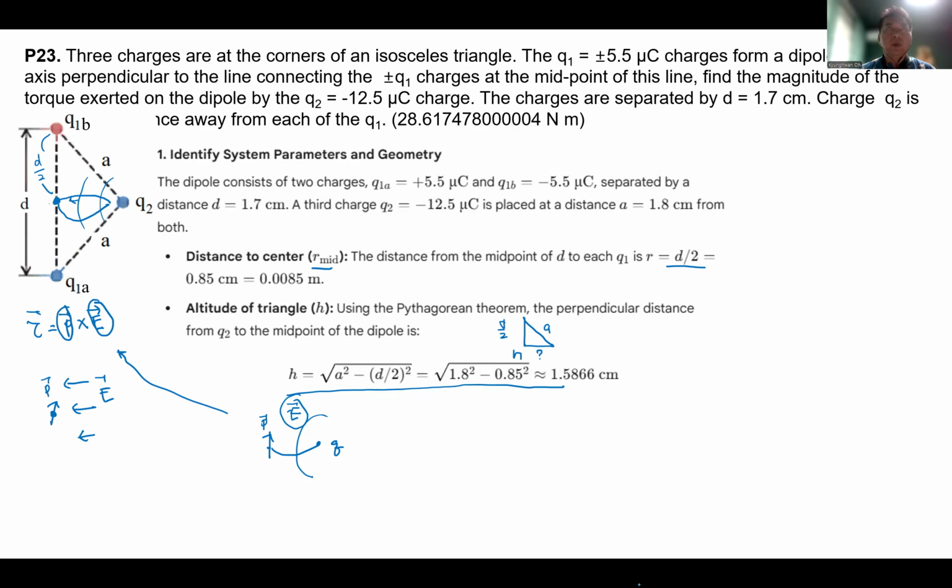When we speak of the field, it is a function of space. So you need to know what location we are talking about. In this case, the location is the center of the dipole.